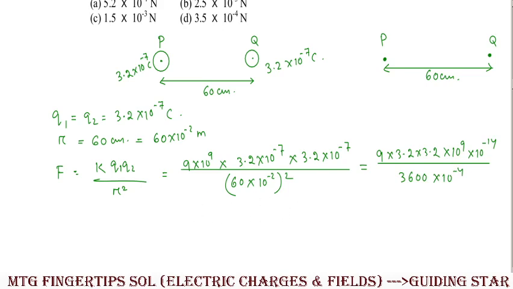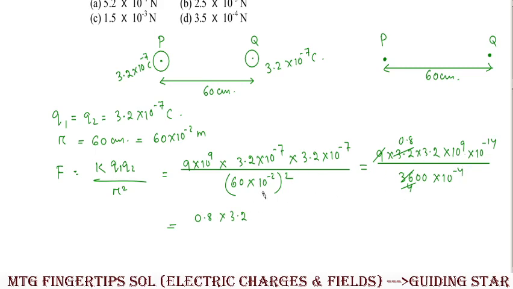So 9 into 4 is 36, and we get 0.8 into 3.2 all into 10 to the power 4 in the numerator.